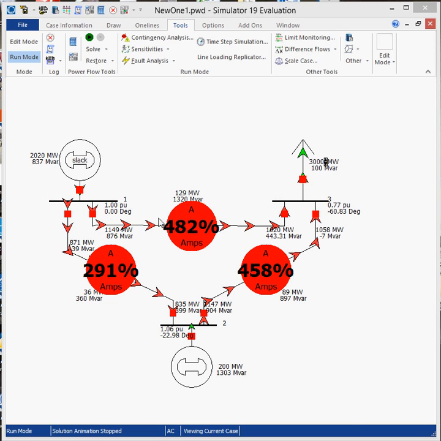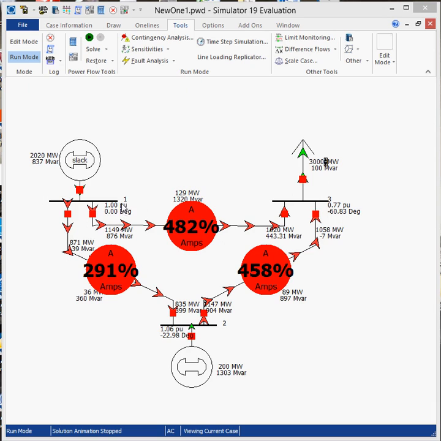So therefore, it is very important for you to perform power flow studies to analyze whether your system, especially your transmission network, can support the increment in your load and generation. So let's say there is load growth in your demand.